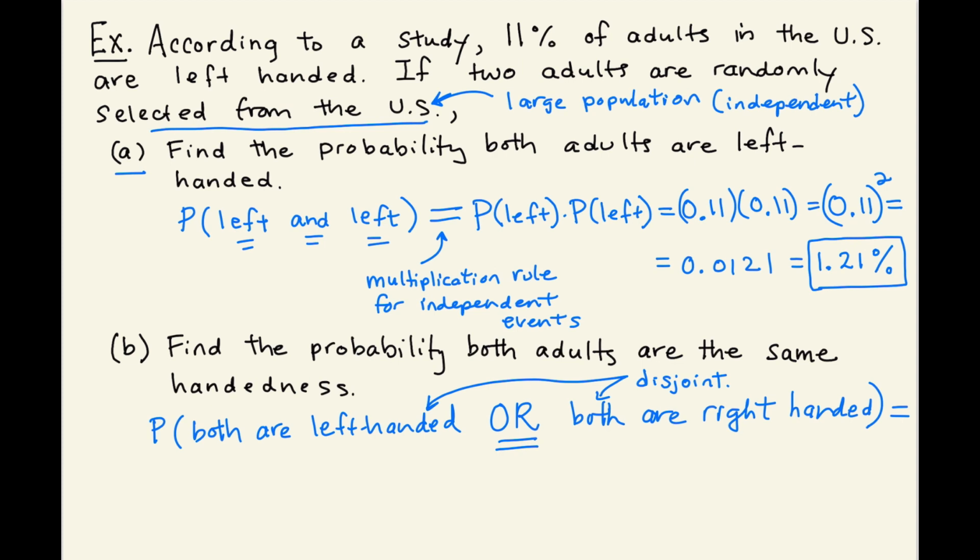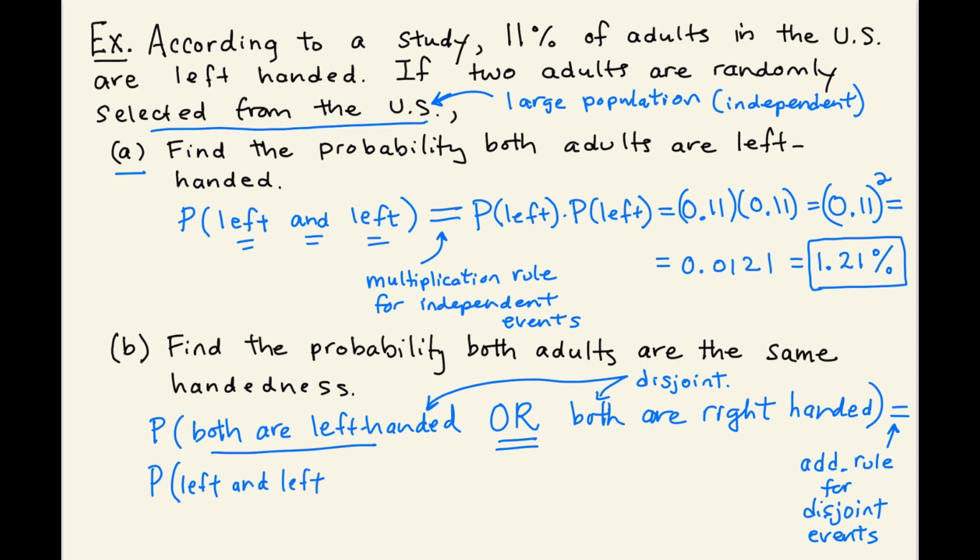So that allows me to use the addition rule for disjoint events. Okay, and in this case, we have the both left-handed. I'm going to write this as left and left. So they're both left-handed plus right-handed and right-handed.